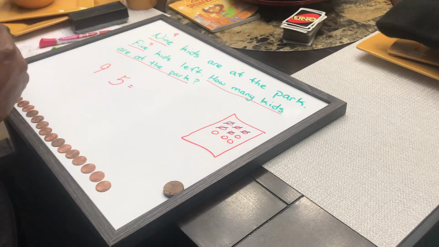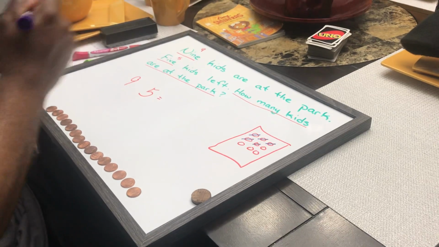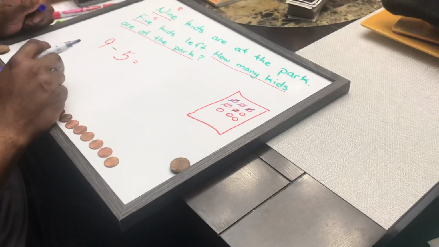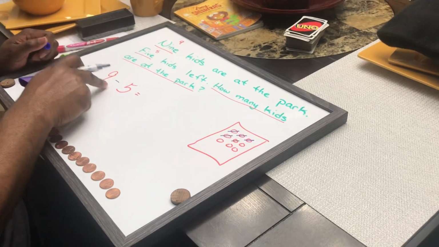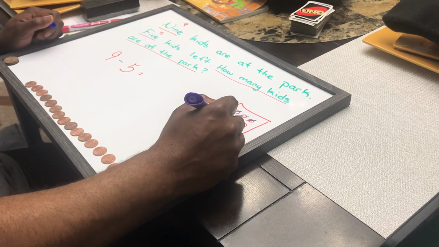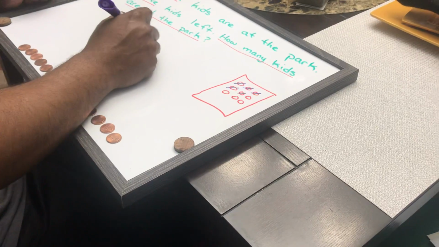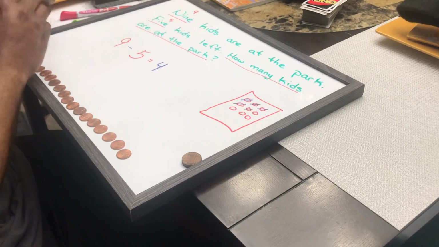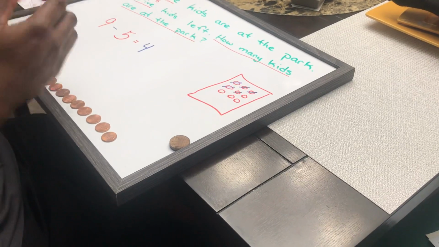So guess what? The sign that we're going to have here is minus, our subtraction sign. So we know 9 minus 5 equals 1, 2, 3, 4. We have 4 remaining.